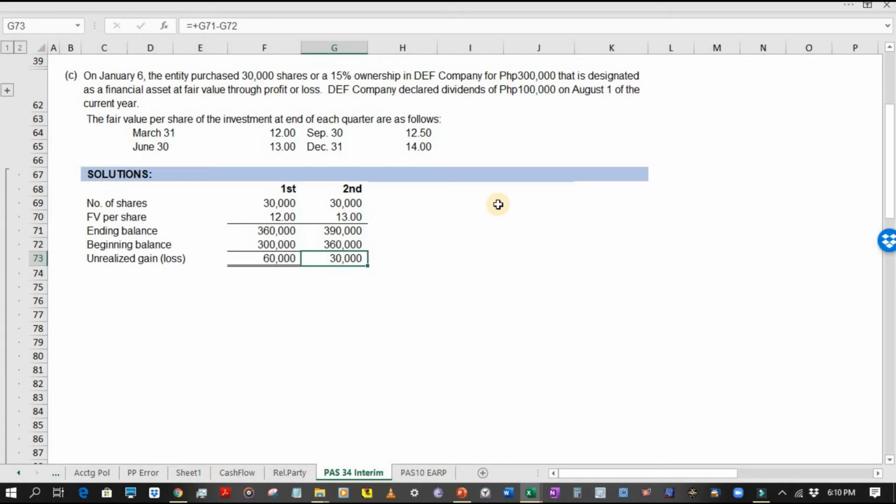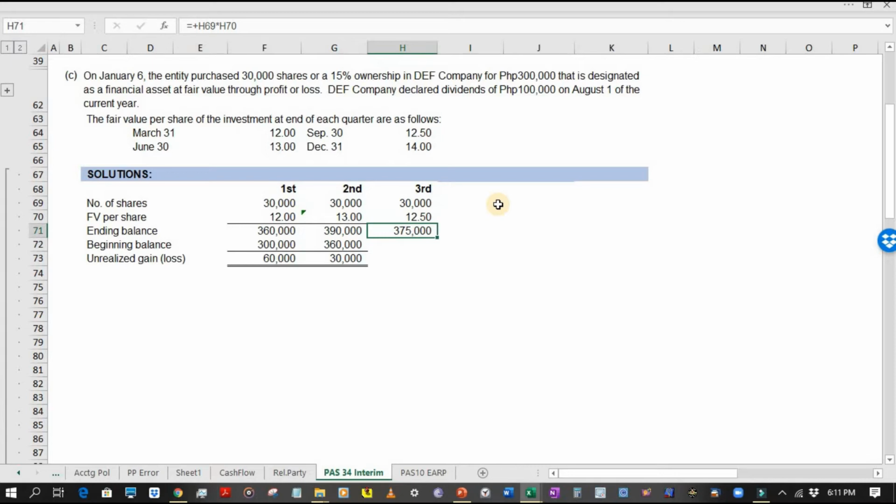Then for the third quarter, the number of shares is still 30,000 shares, multiplied by 12.50, which is as of September 30. So the total balance of the trading securities that will appear in the current assets section of the statement of financial position as of September 30 of the current year is 375,000 pesos.